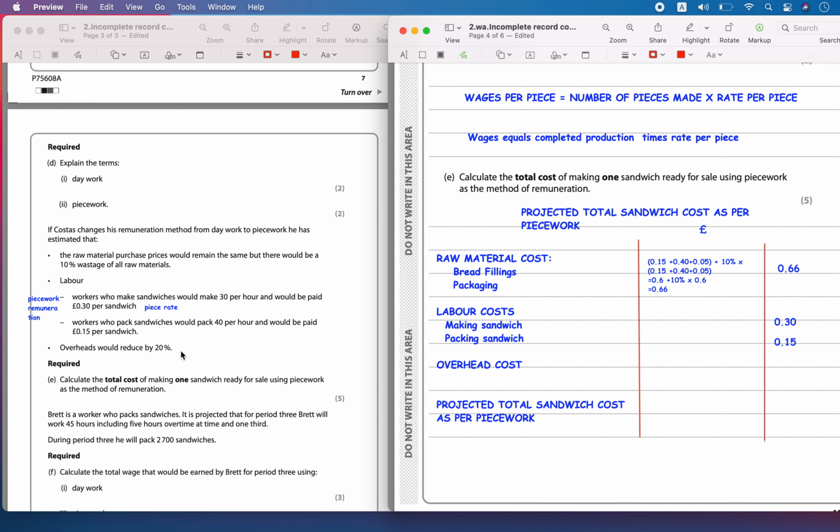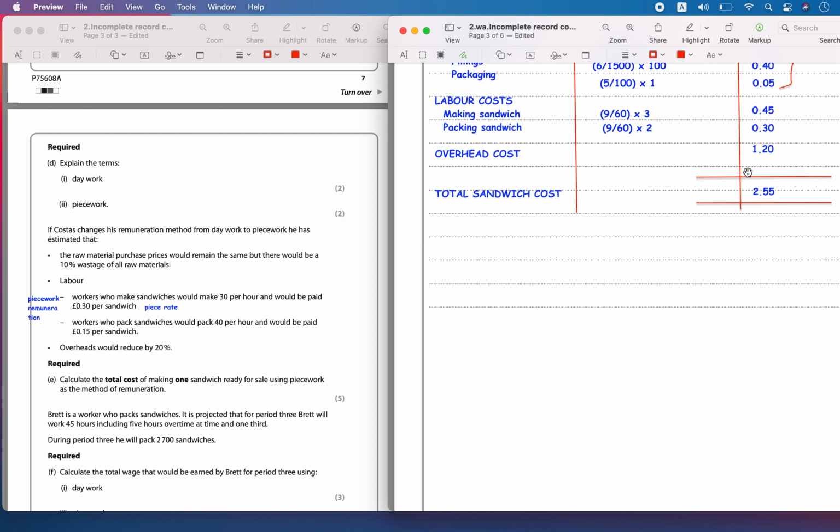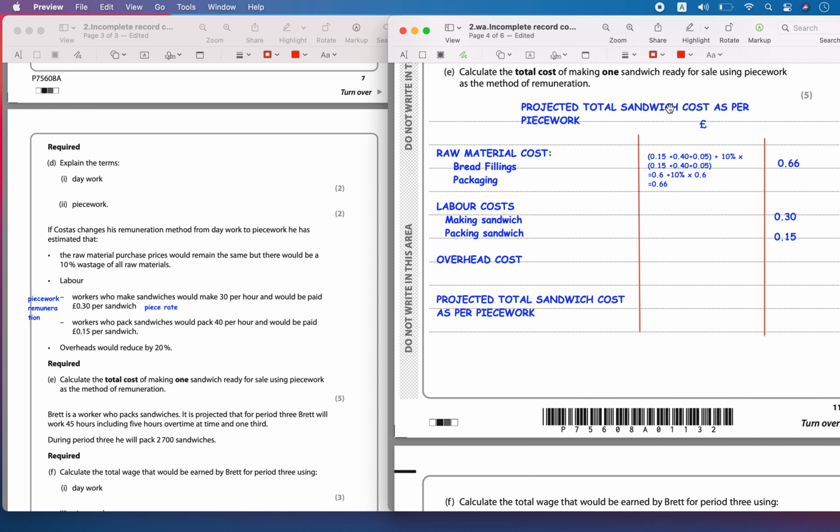And then the overhead cost, it would reduce by 20%. So the overhead cost here was 1.20. So 1.20 minus 20 percent of 1.20.